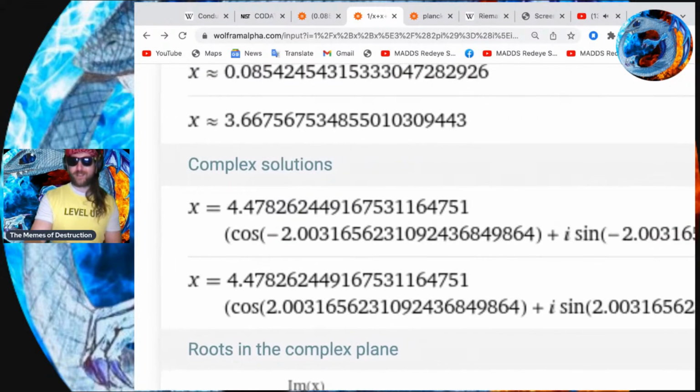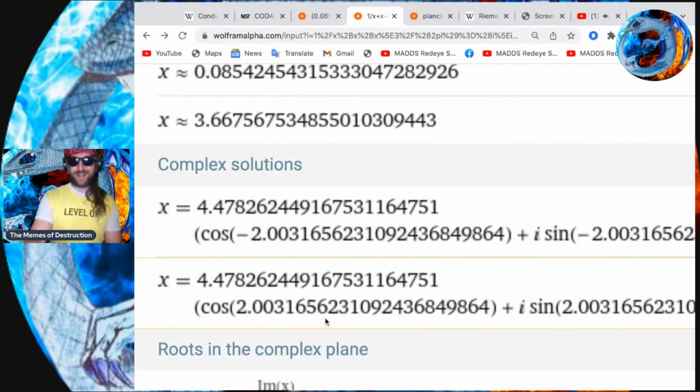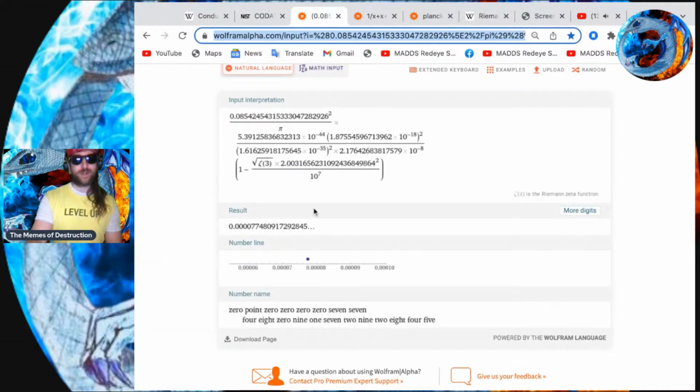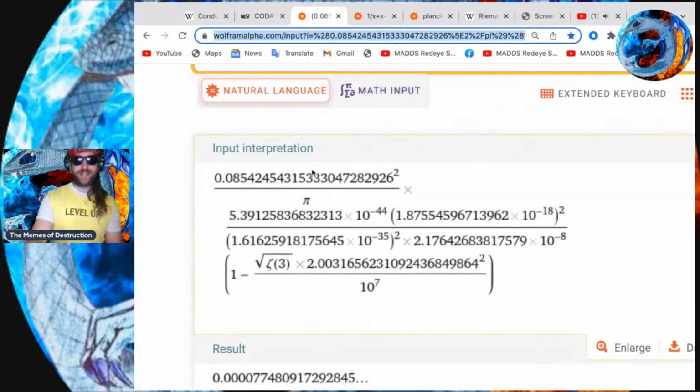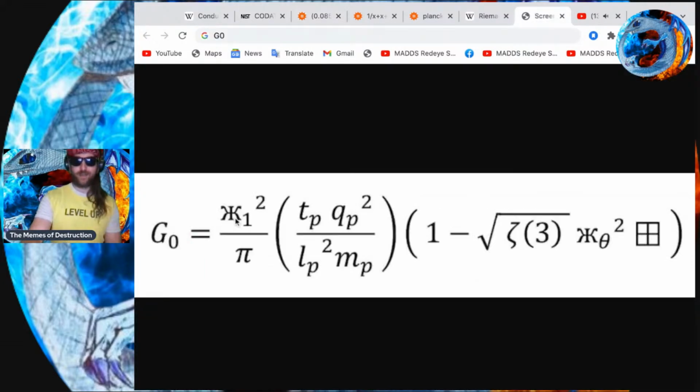Since my Wolfram Alpha displays it the other way, we take this magnitude here, in this case the positive one, and then we square it. We throw all that into our friend Wolfram Alpha and we get this. So again, this is that J1 squared divided by pi that we see over there.